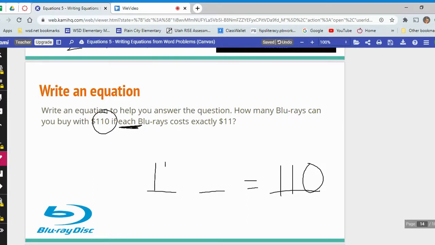So I know it's $11 for every Blu-ray. And remember, if I'm going to do it for each, I'm going to multiply. And then there's my, how many Blu-rays can I buy? I don't know. I've got to figure that out. So my equation, written nicely, is 11x equals 110. Now, hopefully mental math right here. If you know your 11 times tables, you can figure out really quickly how many they can buy, because 11 times 10 is 110.